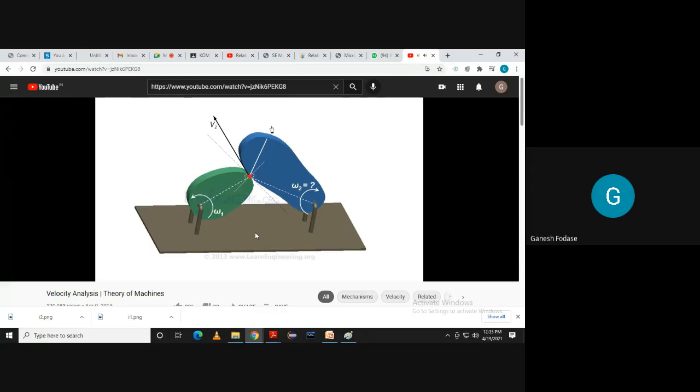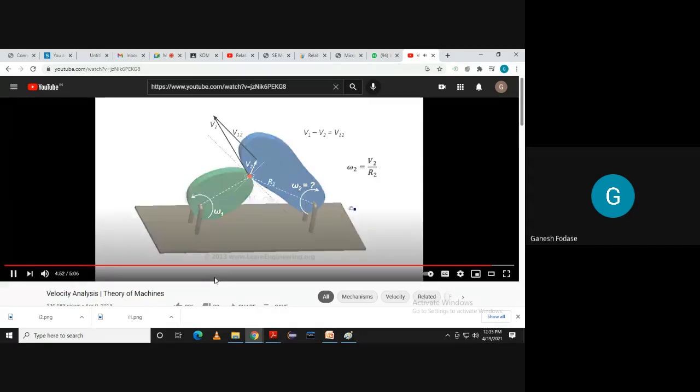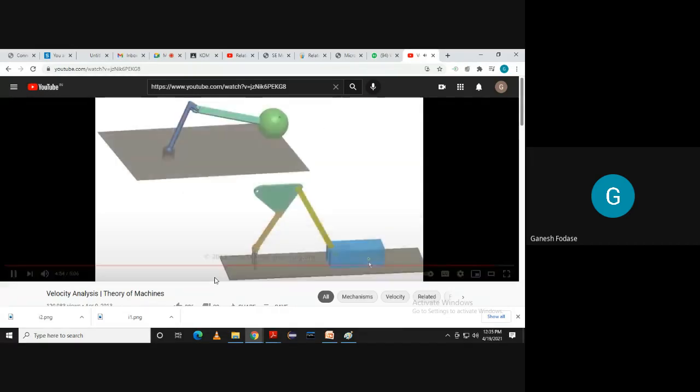Here the second concept we learned comes to help. Since the links cannot penetrate, relative velocity should be perpendicular to the common normal. So we can find out magnitude of V2, which will lead to link angular velocity. Using the same methodology, you can do velocity analysis of any other mechanism.